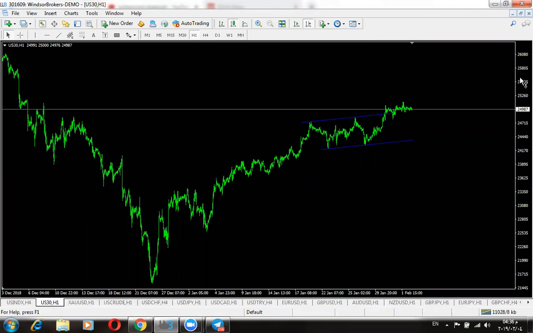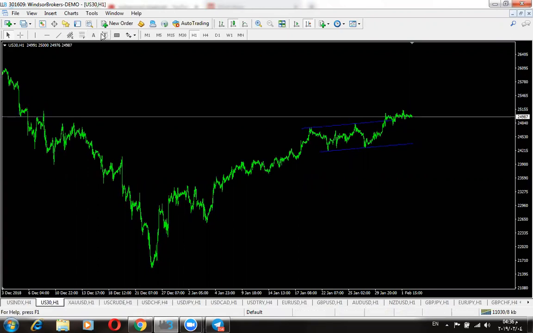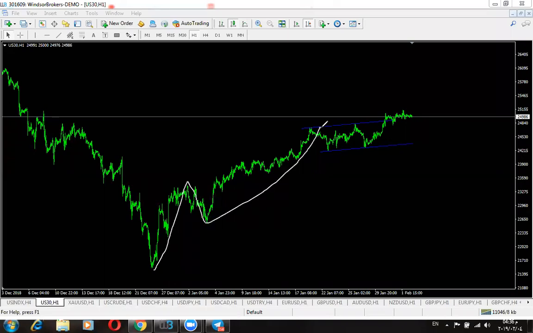This is the Dow Jones. Dow Jones has made a very nice 5 legs to the upside. This is 1, 2, 3, 4, and 5.